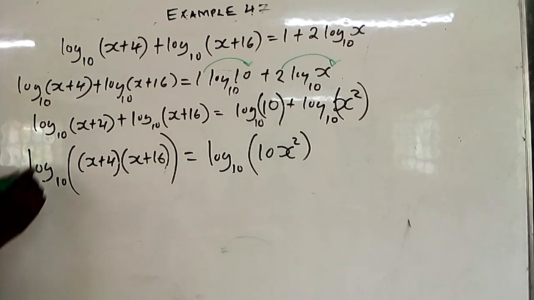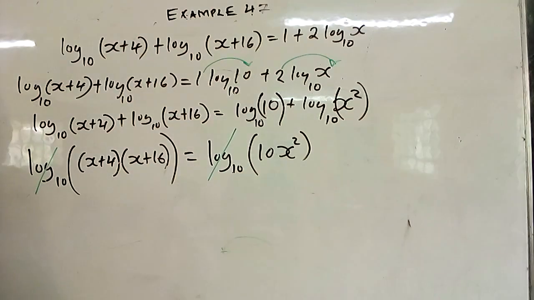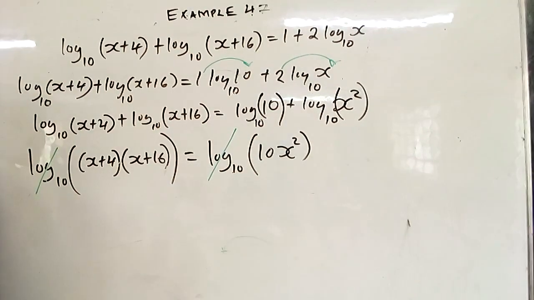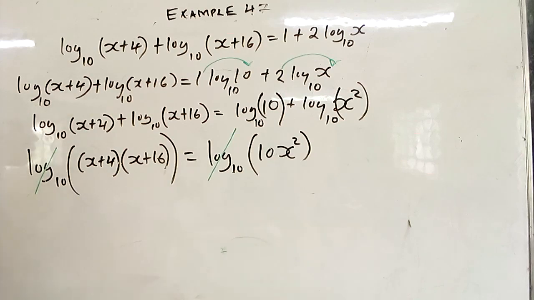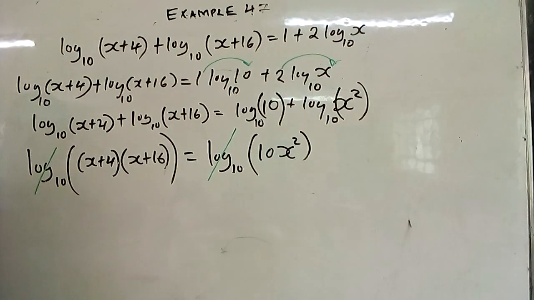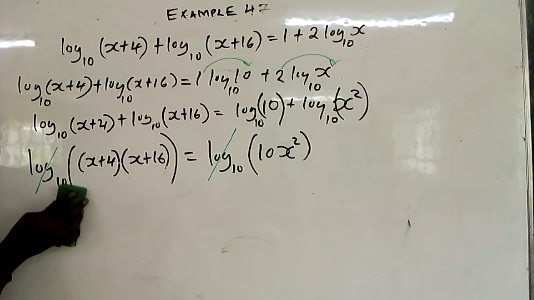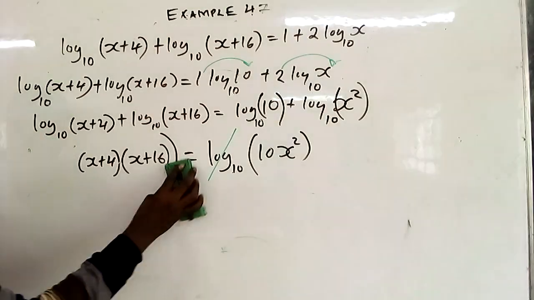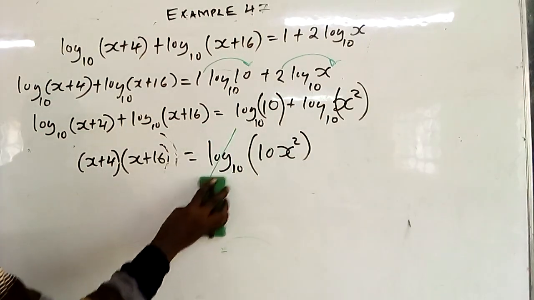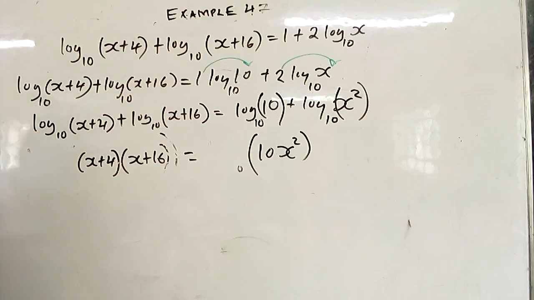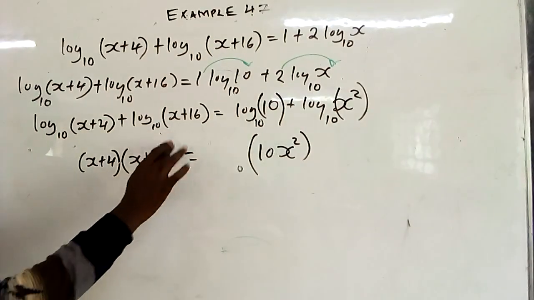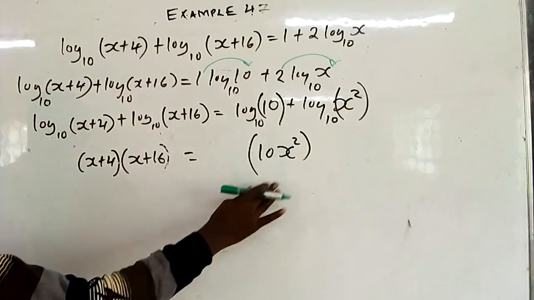So from there, you can now ignore the log on either side of the equation. You can only ignore the log when you have one term on either side of the equation. Is that okay? So after ignoring the log, what do we remain with? We remain with (x + 4) times (x + 16) equal to 10x squared, isn't it?